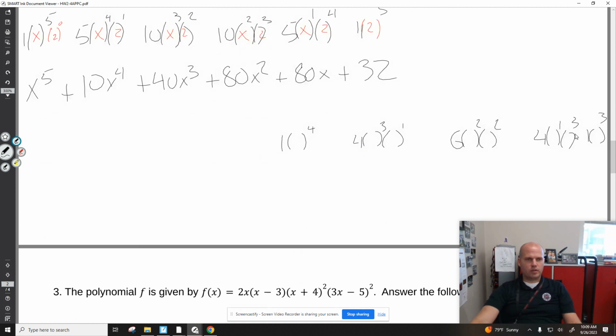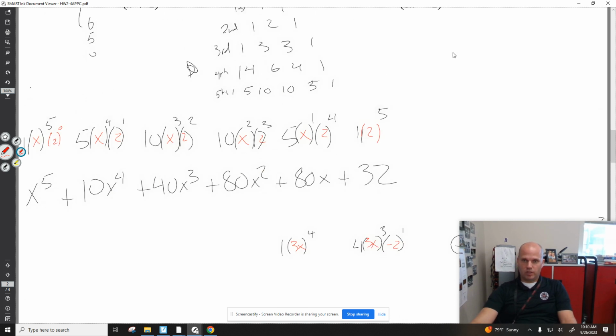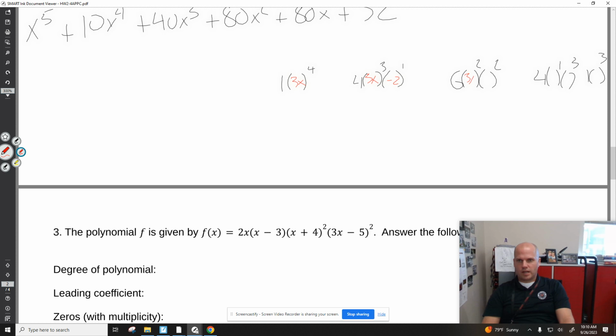What are the terms? 3x and negative 2. Be careful with that: 3x and negative 2. 3, 9, 27, 81 x to the fourth. 3, 9, 27 times negative 2 times 4.